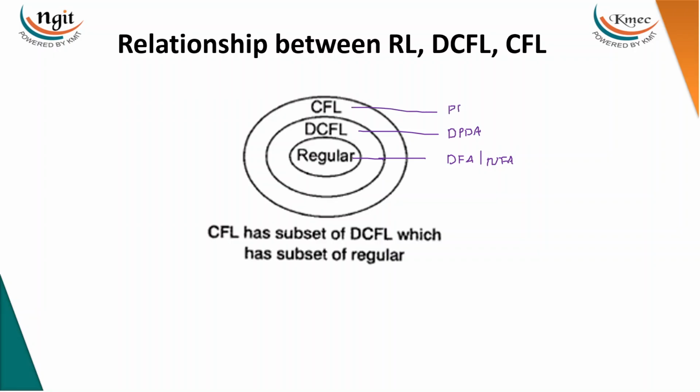CFL means a simple PDA, or sometimes we can even call it NPDA. So these DCFL languages are a subset of CFL. Every DCFL is a CFL, but not all CFLs are DCFL. For example, we have already taken L1 equivalent to a power n, b power m, c power p, such that n equals m or m equals p.